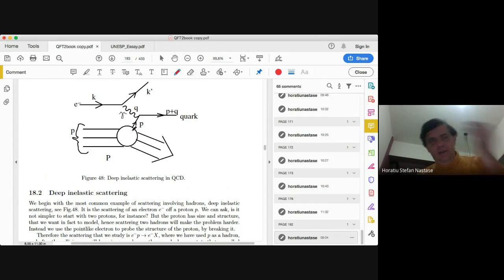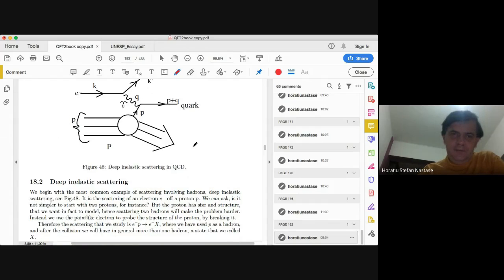Because a quark is charged as well, and so we can have an interaction via a photon. Then the quark itself cannot exist by itself, so in principle it has to create at least another particle, or maybe join back the other particle.